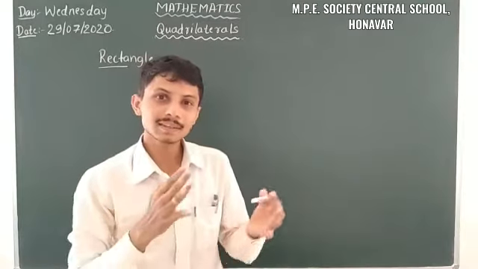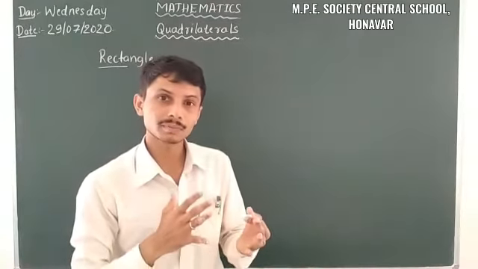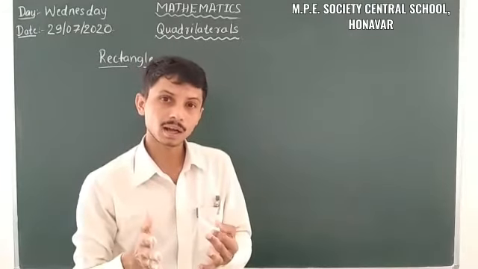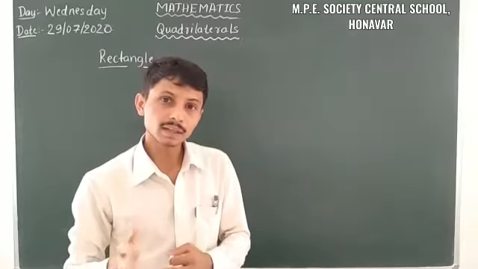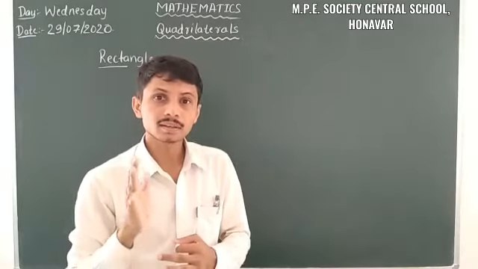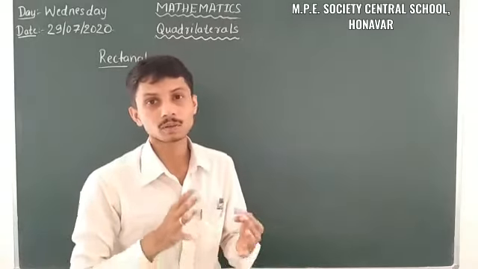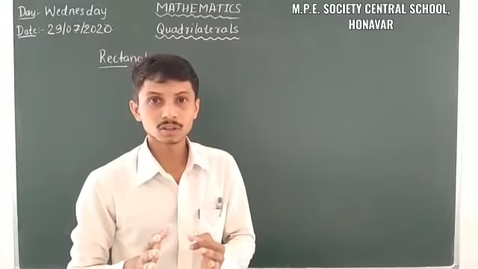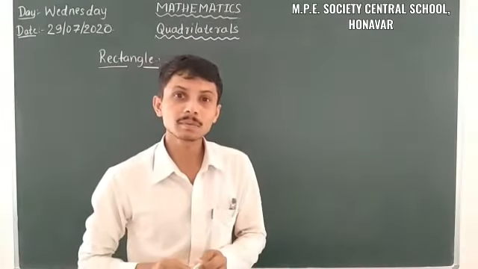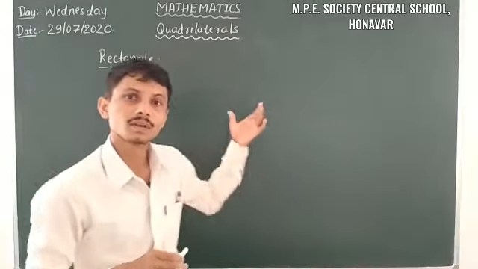In a parallelogram the diagonals are unequal, but in a rectangle the only property that differs is that the diagonals are of equal length. So let us discuss some of the properties of a rectangle.